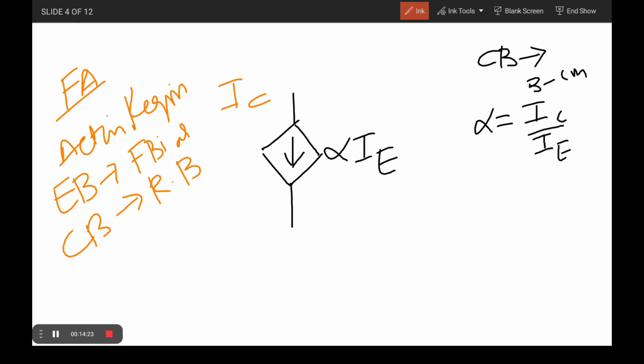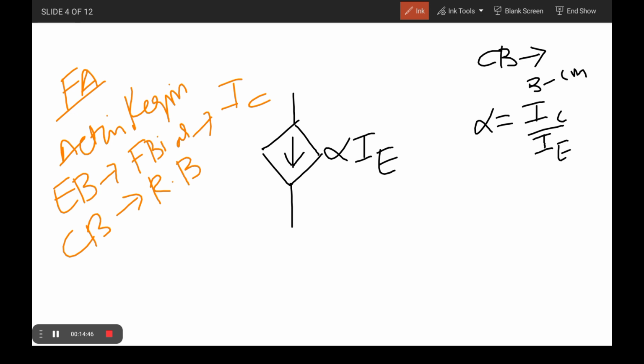In the forward active region only it acts as a constant current source. That is very important. So it maintains a constant value. Ideally it is a constant current source, but due to the early effect it shows a small slope nature.